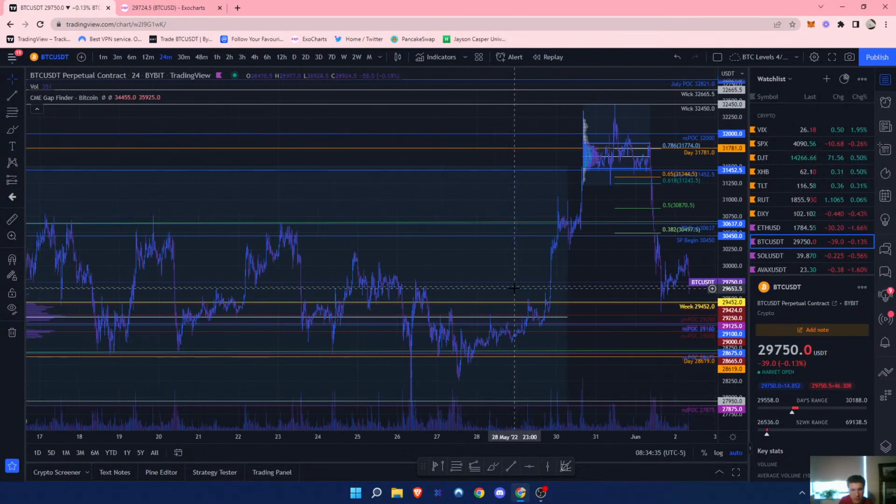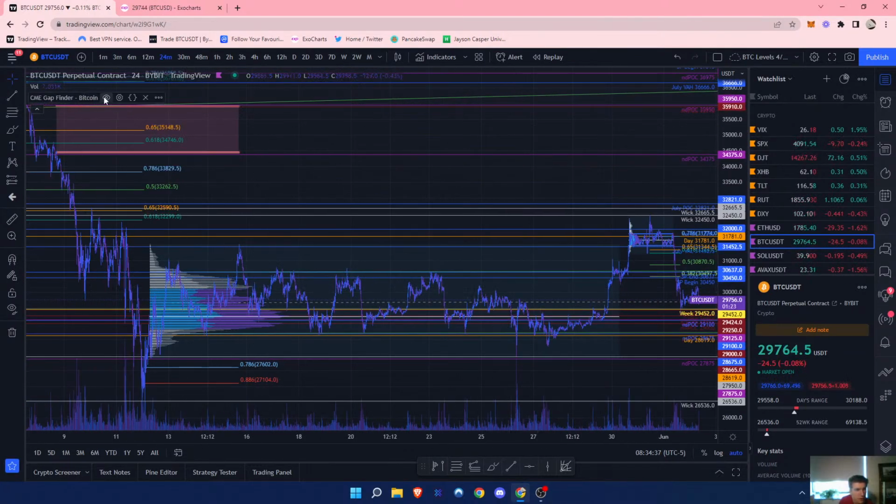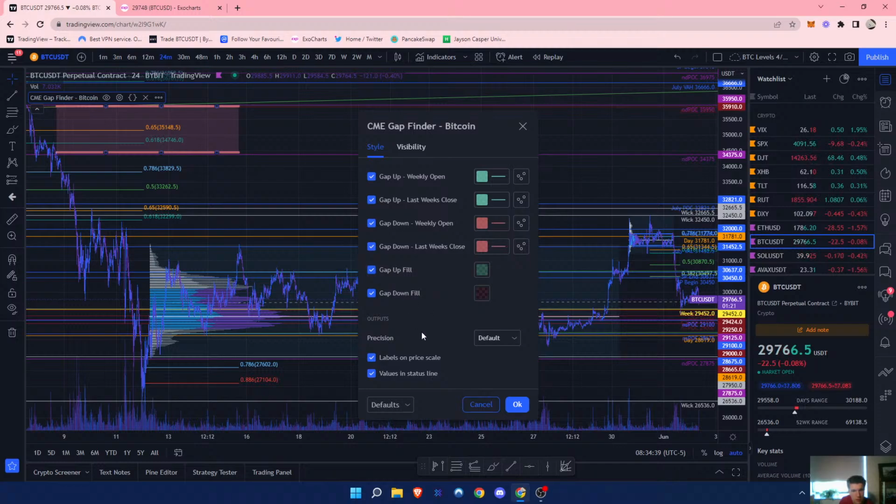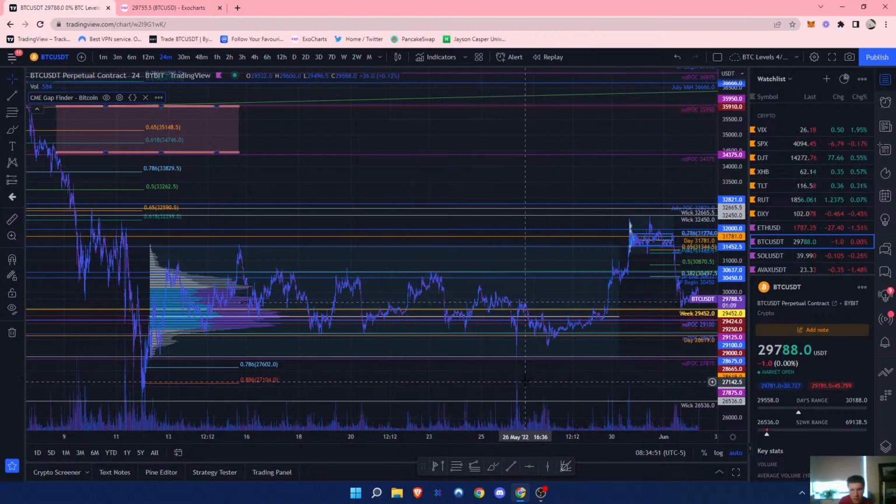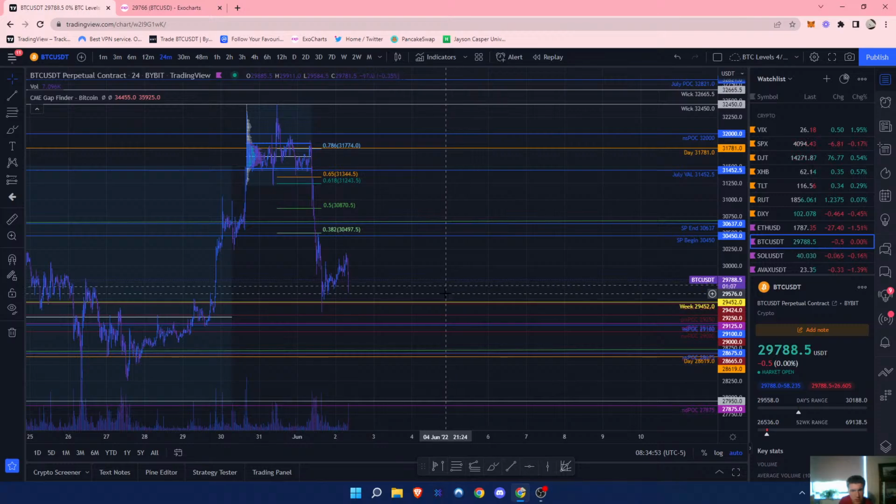I don't get why this CME gap finder is not really working for me anymore. Pain in the butt.